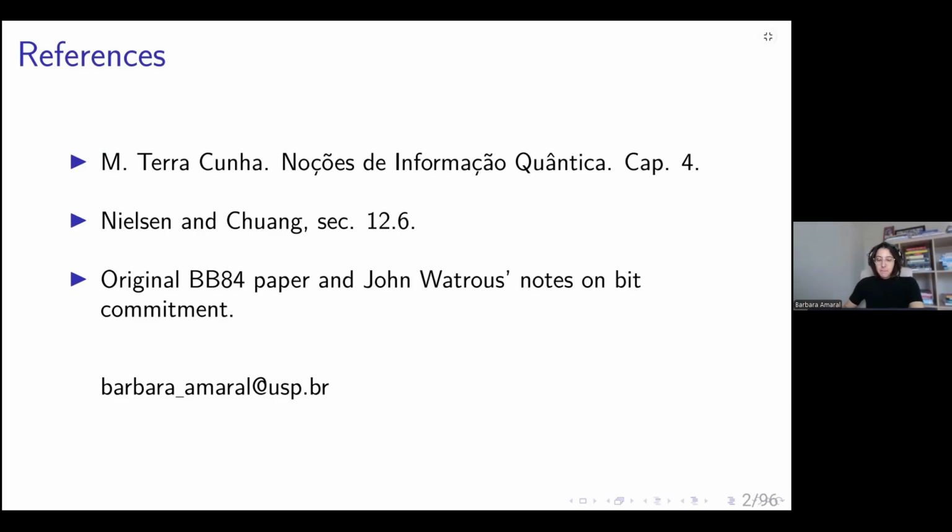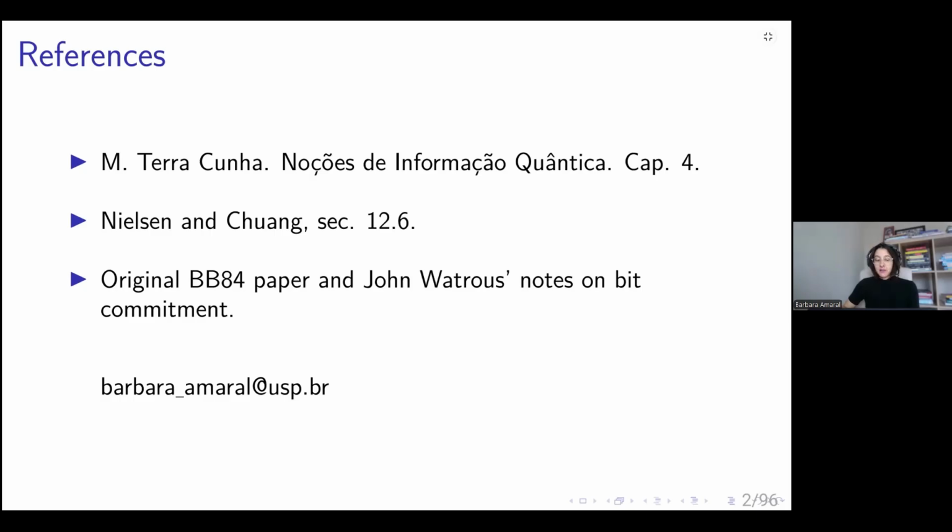And the things that I'm going to say are basically on section 12.6, but the introduction of chapter 12 is also important. And I also am going to share with you the original BB84 paper. BB84 is the name of a protocol that you will understand later why.